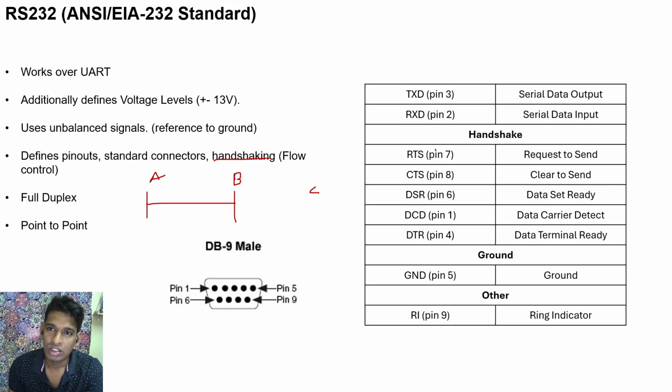Even though the transmitter has sent the data, the receiver is not ready, so the data is lost. The transmitter does not know that the receiver has not received the data, unless there is some mechanism in the higher level protocol. So that is what handshaking or flow control pins are used for.